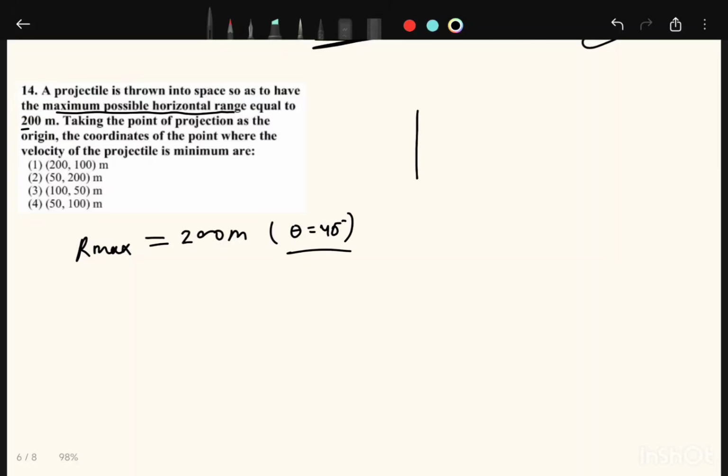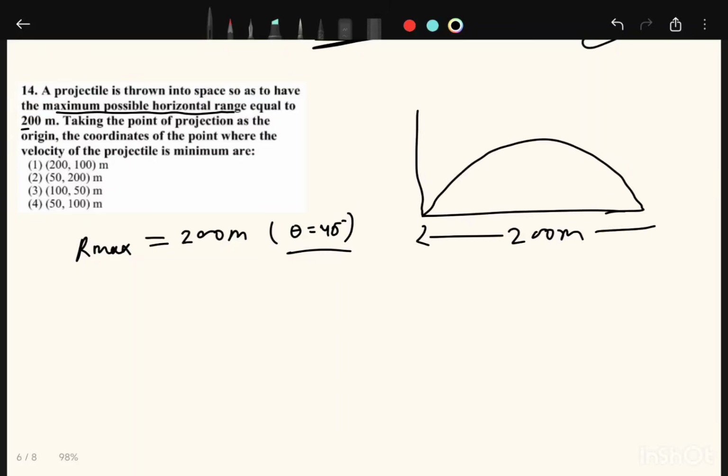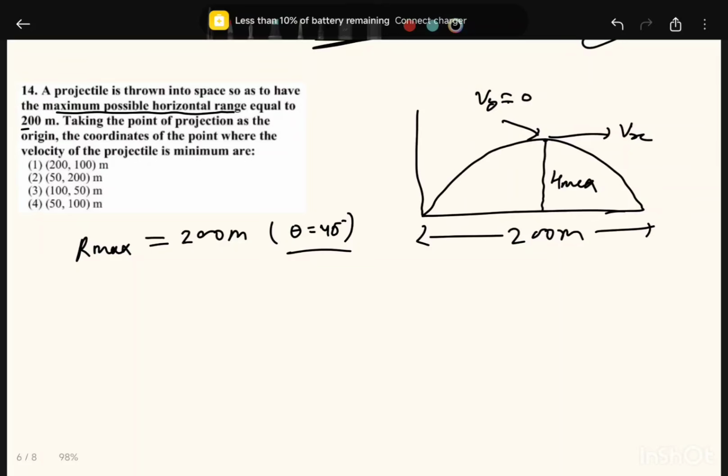So let's suppose this is your particle, this is your range, that is 200 meter. Now we know that at the highest point, your vertical velocity is always zero. Vy is zero because only the horizontal velocity is present there.